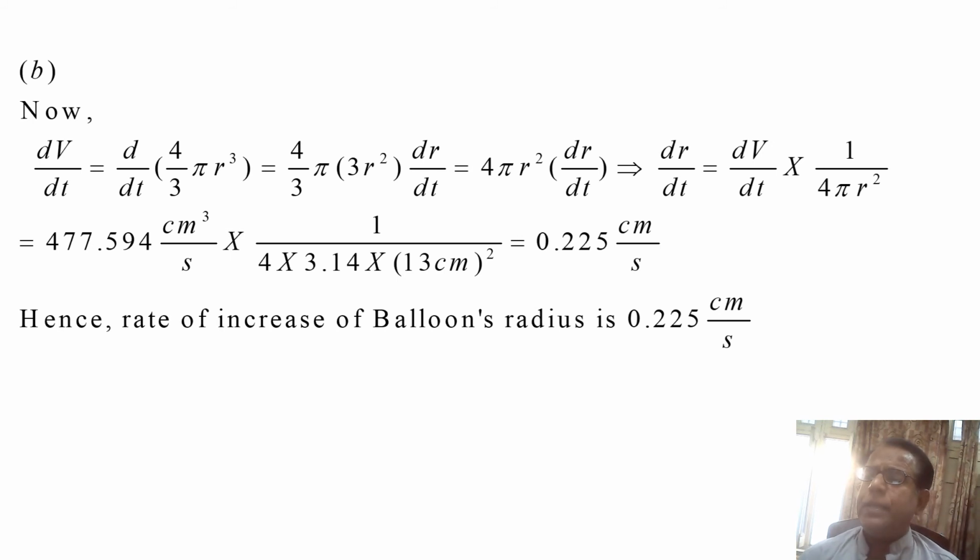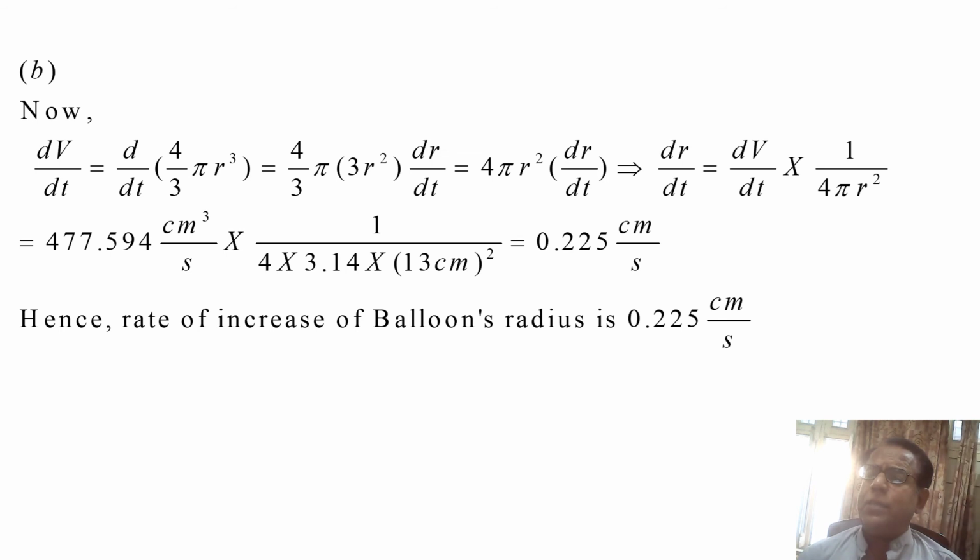From here, 4 pi r squared, which is being multiplied, will be divided on the other side, so it becomes the denominator.